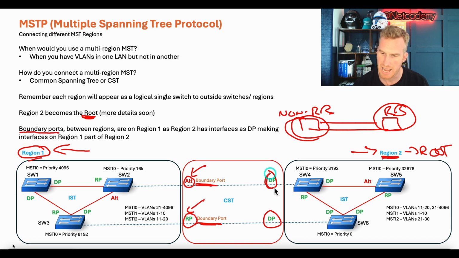Region 2 has the designated ports connected to itself, and thus it can't be a boundary because it is the root. Region 1 is not the root for this network, and therefore these are the boundary ports. So basically, know and understand the boundary ports are on the non-root bridge, facing that root bridge. Region 1's interfaces connected to region 2 are the boundary interfaces.